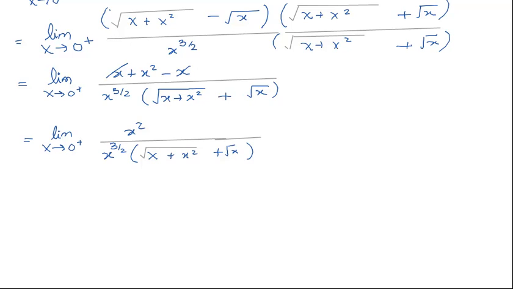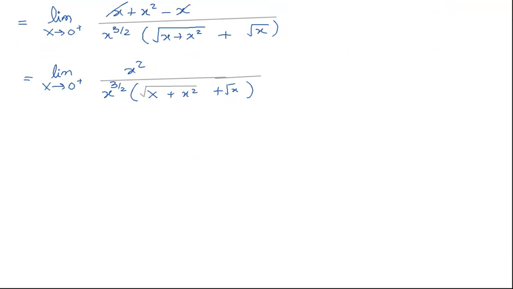On further simplification, the terms simplify as the limit of x^(2 − 3/2) divided by (√(x + x²) + √x).